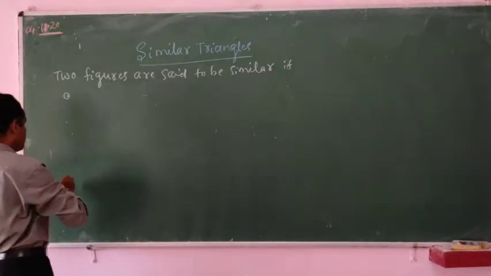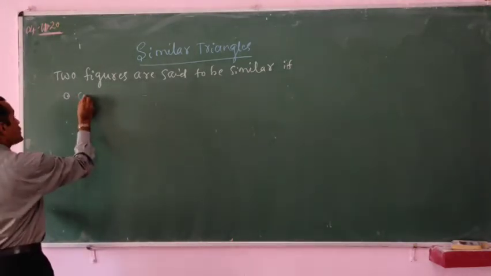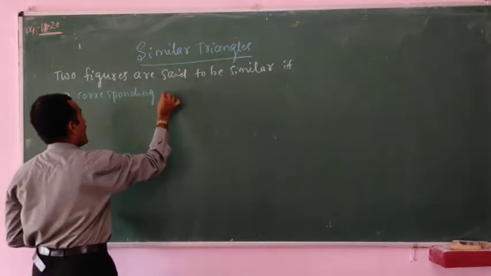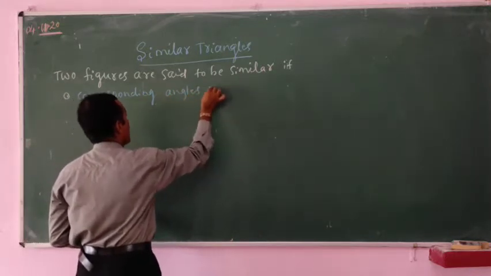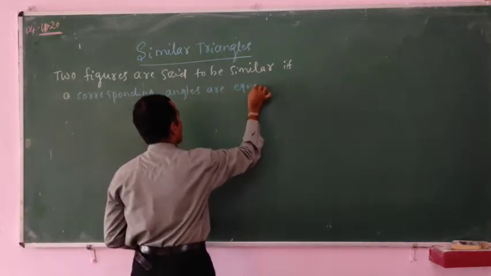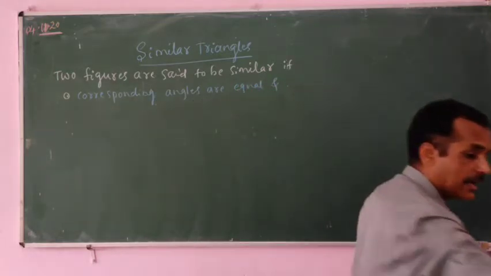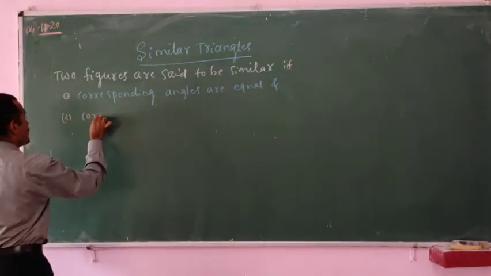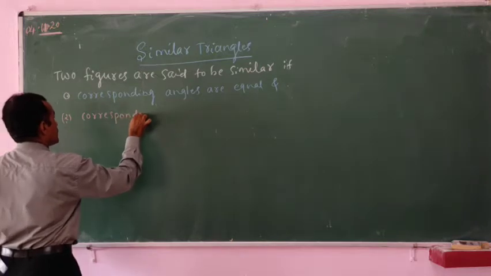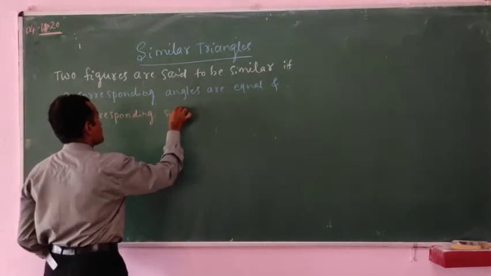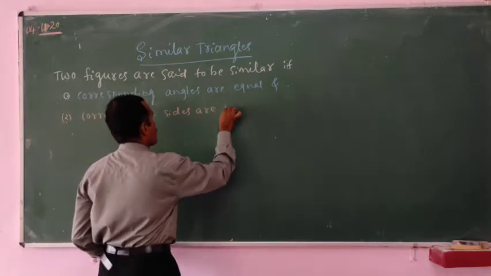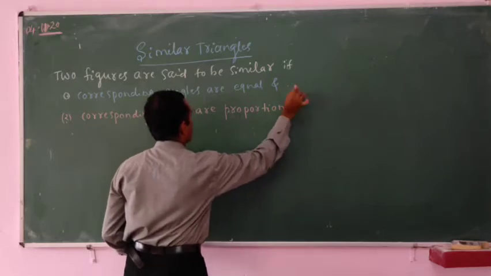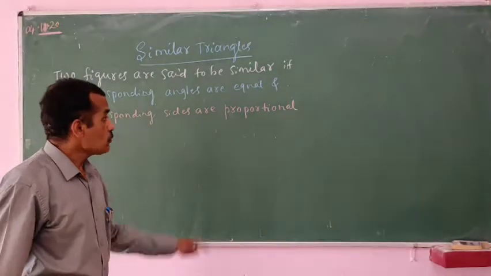The first one: corresponding angles are equal. And the second one: corresponding sides are proportional.